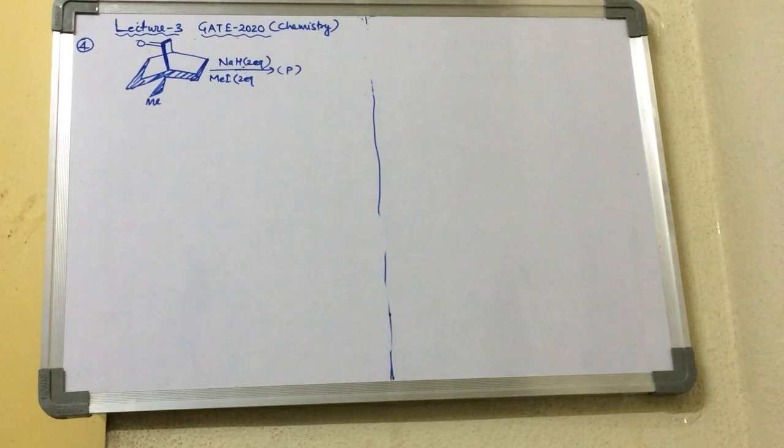write the product. So product is here actually given the 2 methyl group. Okay, 2 methyl. So here the reaction will happen, the product will form.